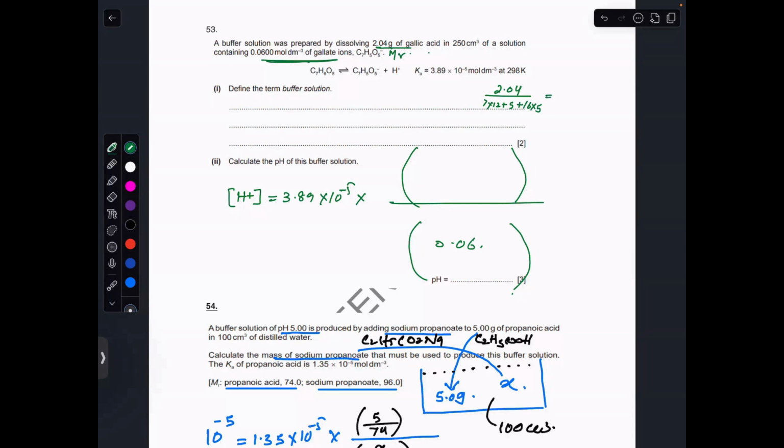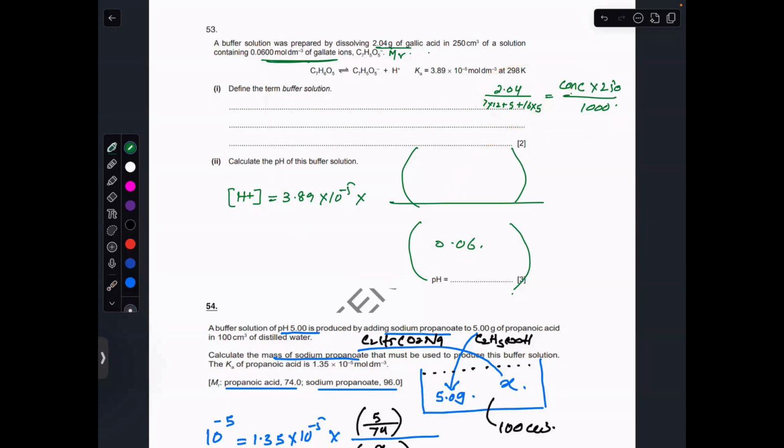You'll get the moles in how much volume? Moles is equal to concentration into volume divided by 1000. Do you understand what I'm doing? Mass over MR. Moles is equal to concentration into volume. See, we are using concentration here. Now I'm going to convert this into concentration too.